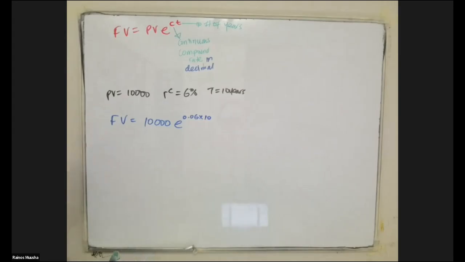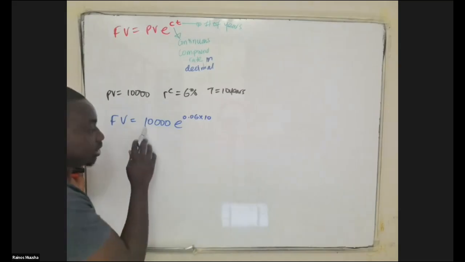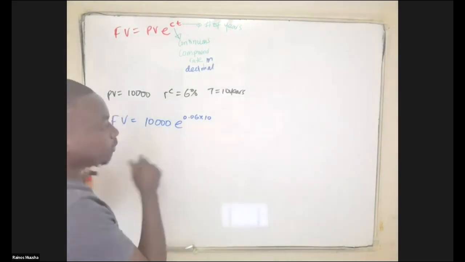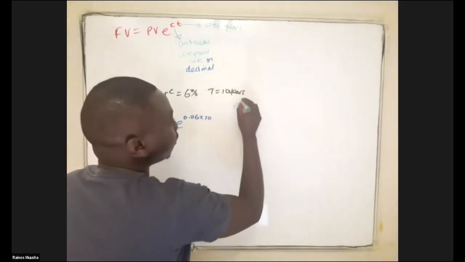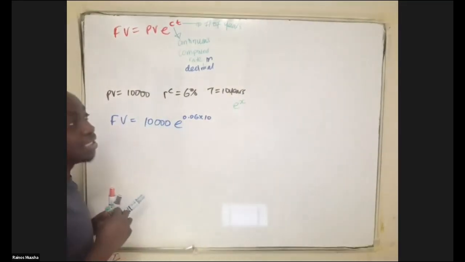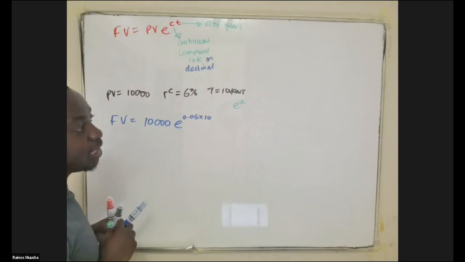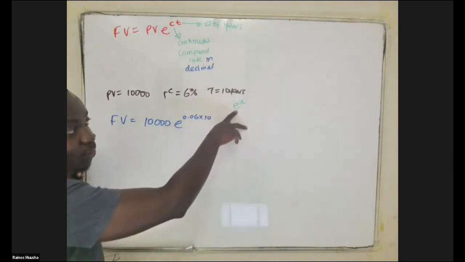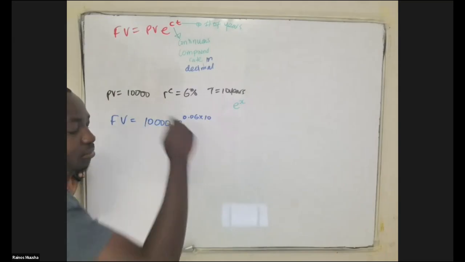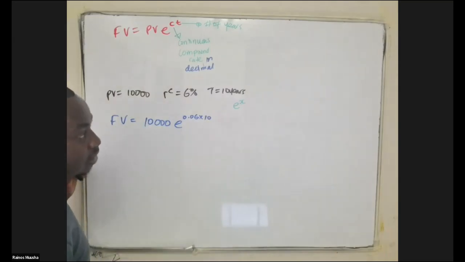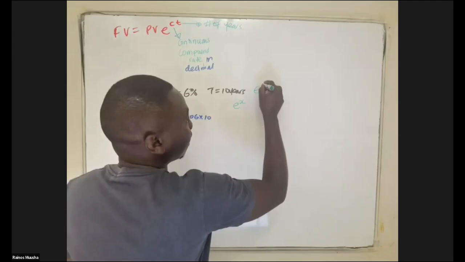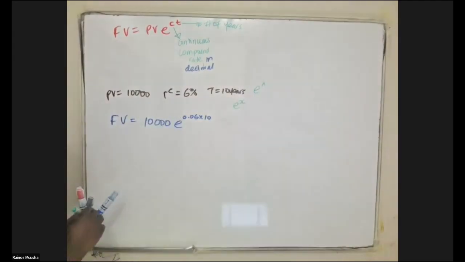So to calculate this using your financial calculator, if you're using the Sharp calculator or other scientific calculators, you punch 10,000. You look for the button written E with an X on top. That's basically the exponent of a value. On some, like Casio, it's straight into an E function.